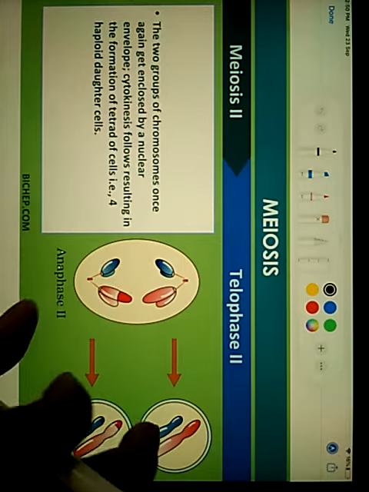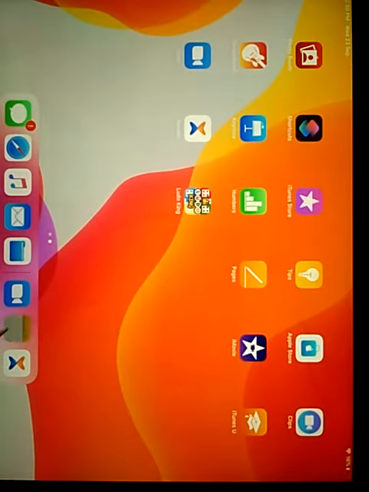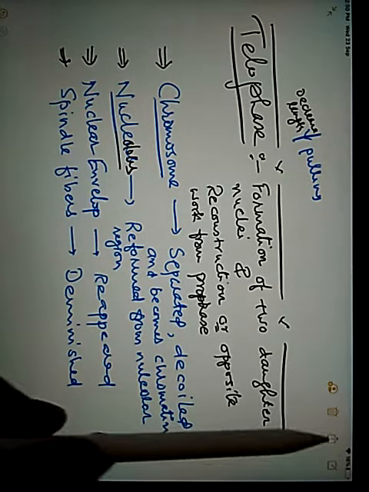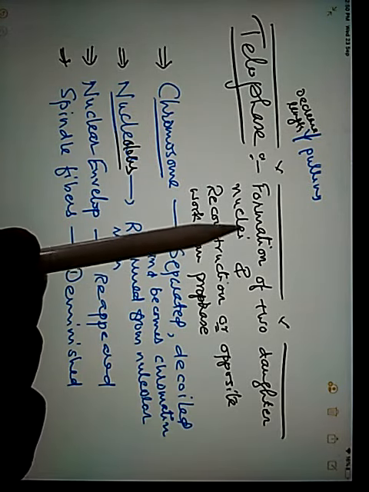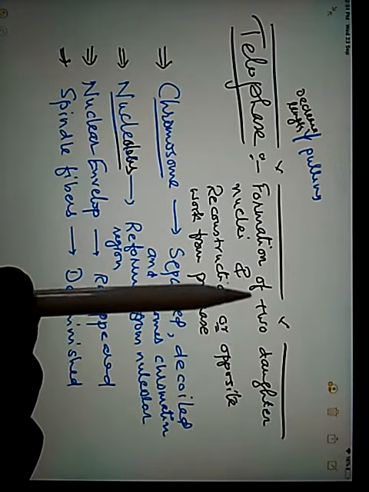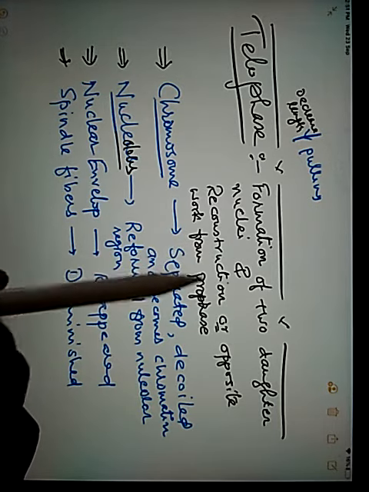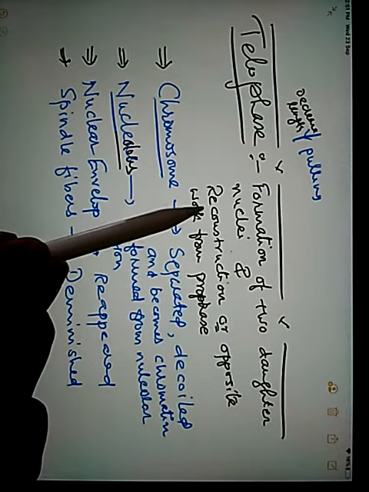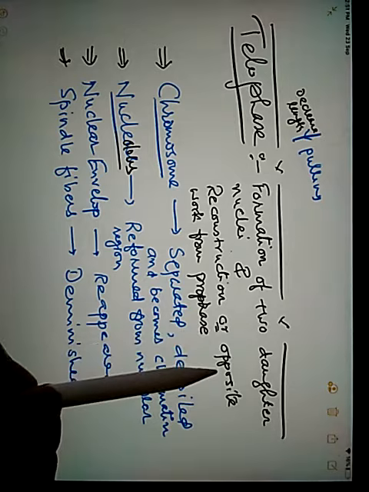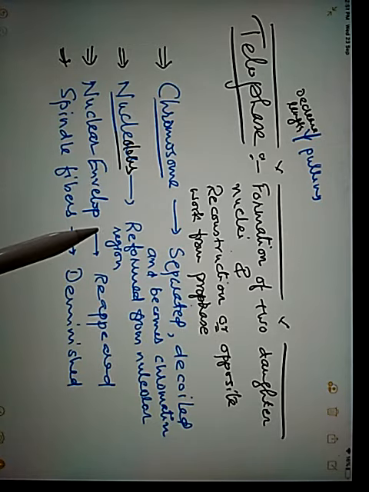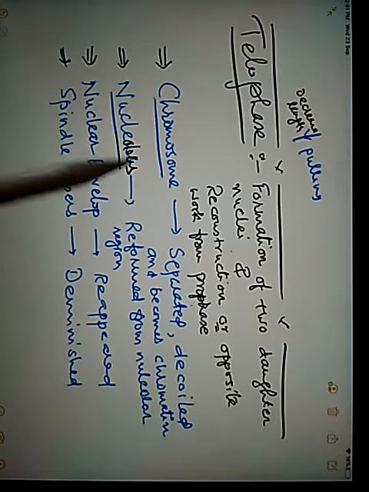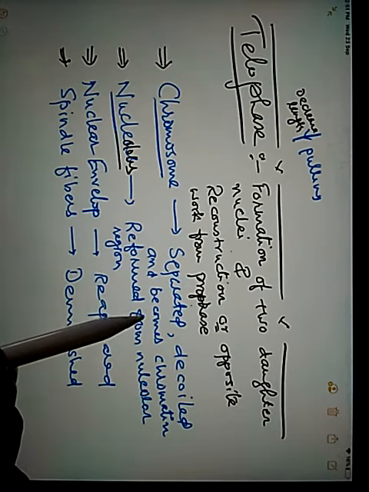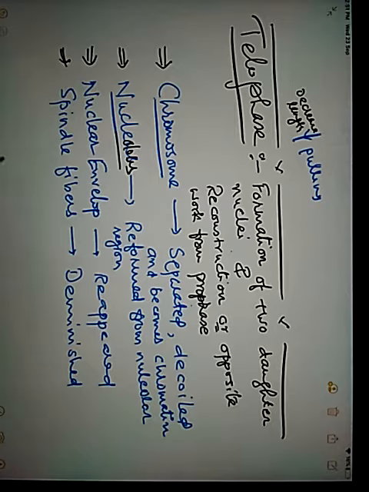Telophase. As we know, during telophase, the very important thing we have noticed, whatever we have understood in mitosis, is the formation of two daughter nuclei, a reconstruction or opposite work from the prophase. For example, chromosomes are separated, decoiled and become chromatin material.